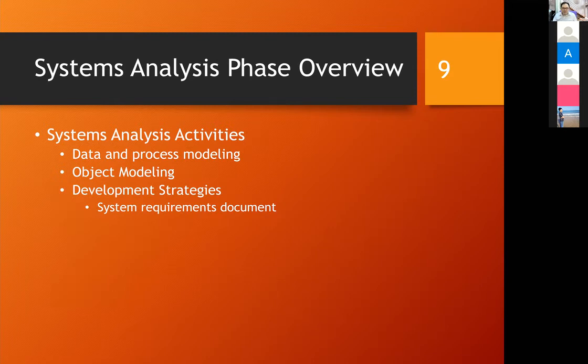How are you going to develop the information system to match the requirements of the users? This comes up with the system requirements document, which will help us accomplish the strategies of developing this information system, which I will talk about in detail when we reach that part.